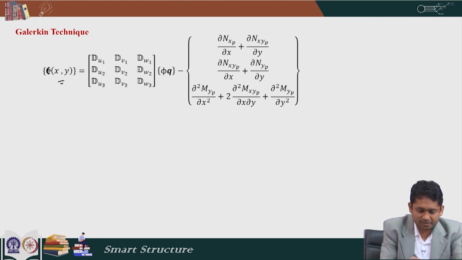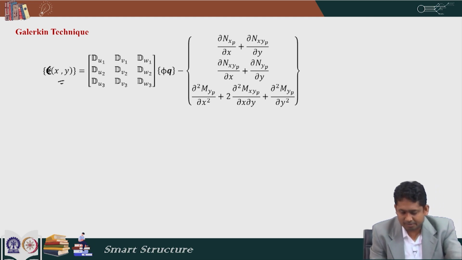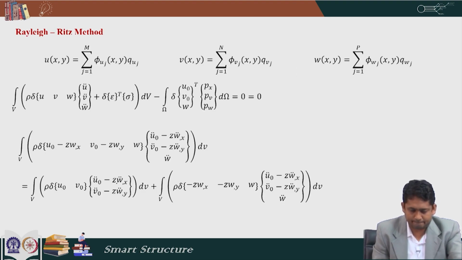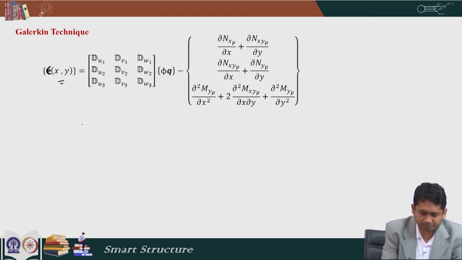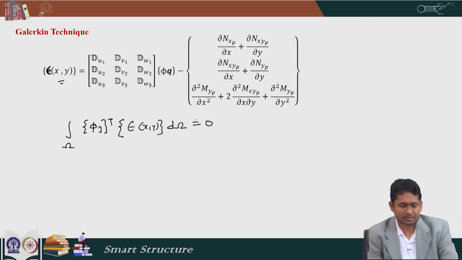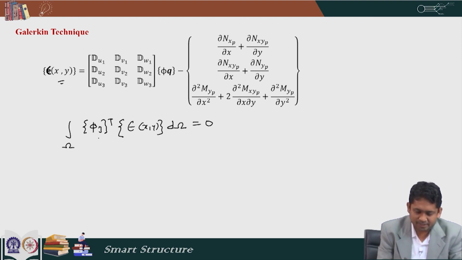So, let us define it as epsilon, and then what we do is we multiply phi j transpose, the jth phi, and we transpose it, and then we multiply with the error epsilon x y, and then we equate that to 0, and we do it for each and every j.